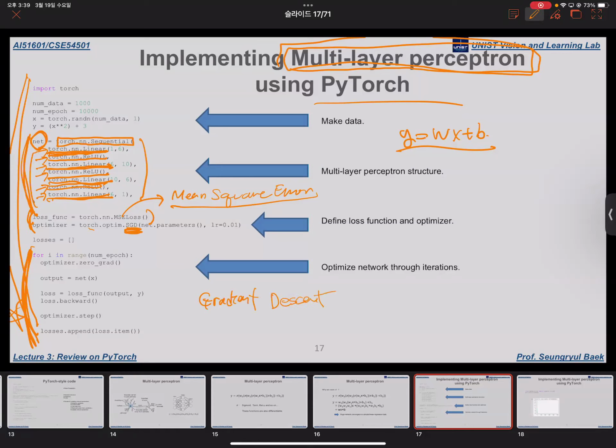So gradient descent and SGD, their formula is the same, so we can use this function implemented in PyTorch. Anyways, these two pieces of information are the same as the ones we use when training the linear regression algorithm, but the different thing is the architecture definition, okay? And this is the data generation part, okay? And using the same training code, 5 lines of the same training code, you can train this MLP structure, okay?